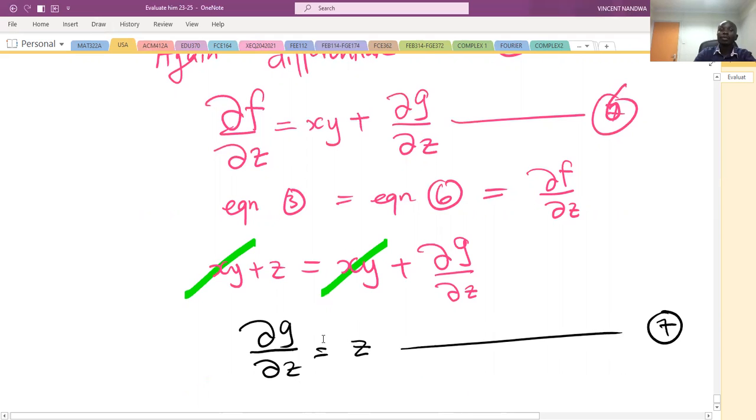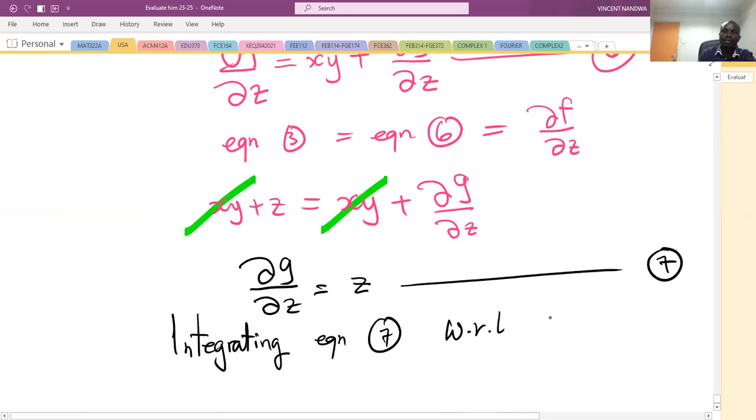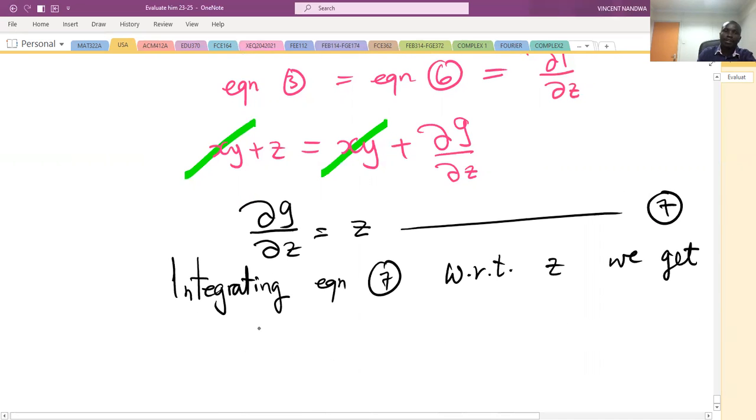Now to get g alone, we integrate with respect to z. So integrating equation 7 with respect to z, we get the integral of partial g partial z equals the integral of z dz.